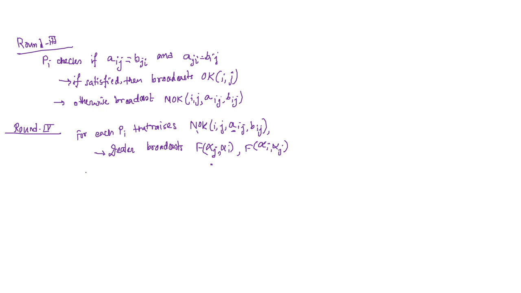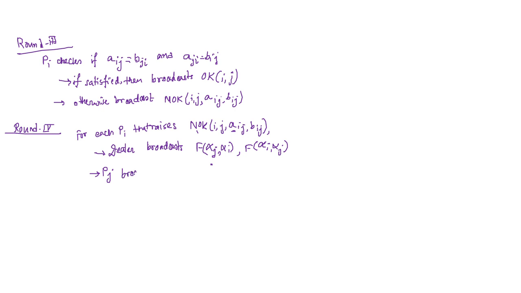And simultaneously Pj also, since Pi has told that okay, I don't have consistent values with respect to Pj, now both dealer and Pj actually broadcast their disputed values.